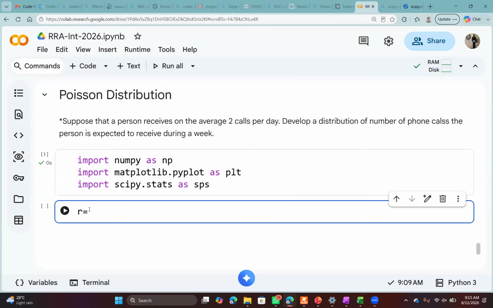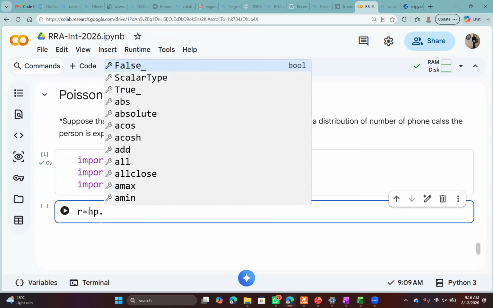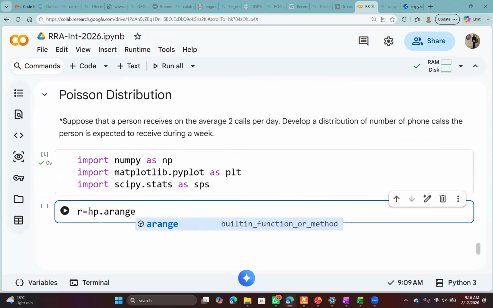So the person can receive from no call in that whole week to any number of calls, any higher number of calls are possible. So let's define R for instance, that NumPy arange.